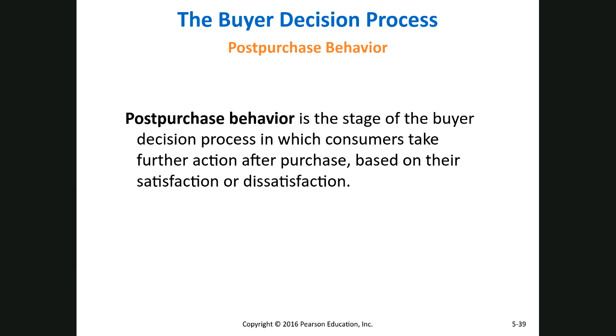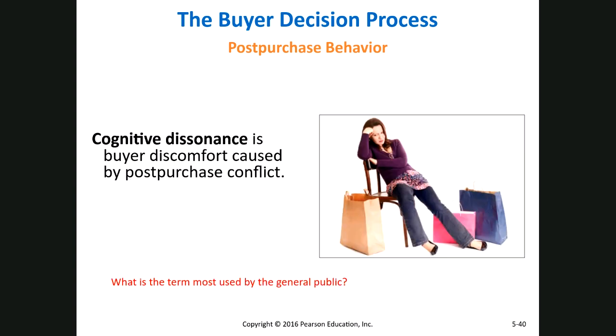That's a way to build satisfaction, because if the consumer is not satisfied, or they're beset with cognitive dissonance, what is the term most used by the general public that everyone within the sound of my voice and all ships at sea has heard? Let's say this lady, she went shopping and she got home and she said, I spent too much money, or I don't need this many winter clothes.